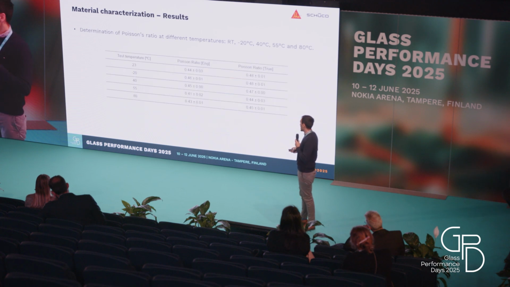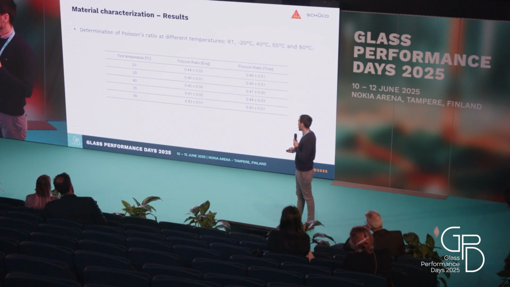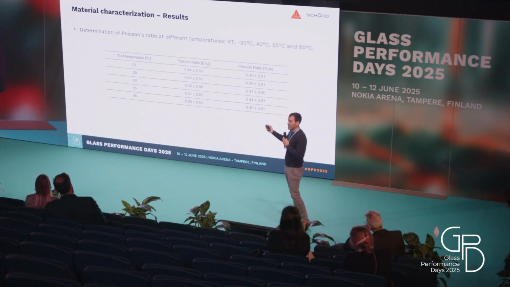Here I show the Poisson ratio at different temperatures. It's quite stable with temperature, both the engineering value and the true value. And we use this information for the sensitivity analysis to evaluate the performance of the system.